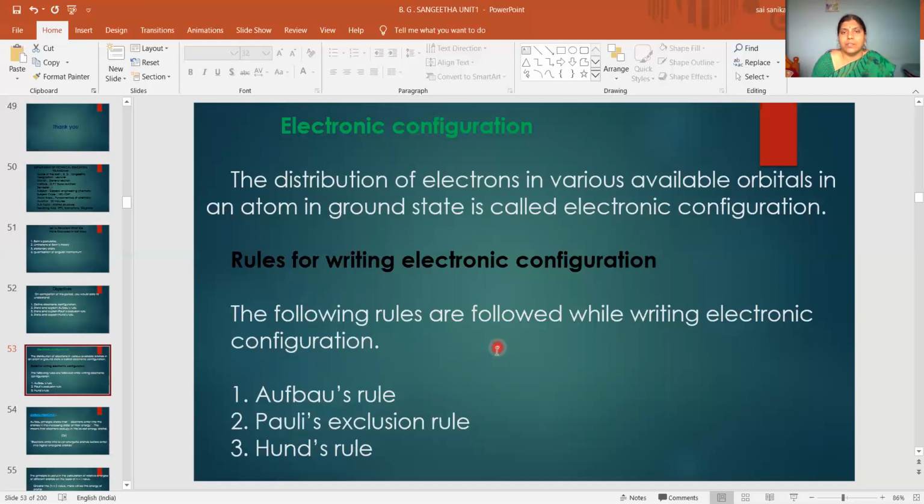What are those three rules? First one, Aufbau's rule. Second one, Pauli's exclusion rule. And third one, Hund's rule.